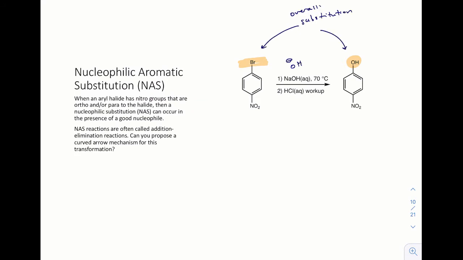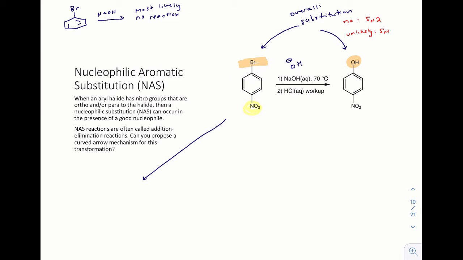And hydroxide is a nucleophile or basic species. But we know for sure this reaction is not occurring by SN2, and it's unlikely that it is occurring by SN1. And it's probably useful to tell you that if we had just treated bromobenzene with sodium hydroxide, we would not see a substitution. Most likely, we would see no reaction.